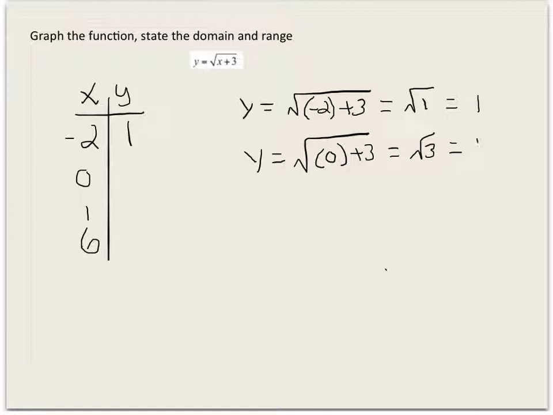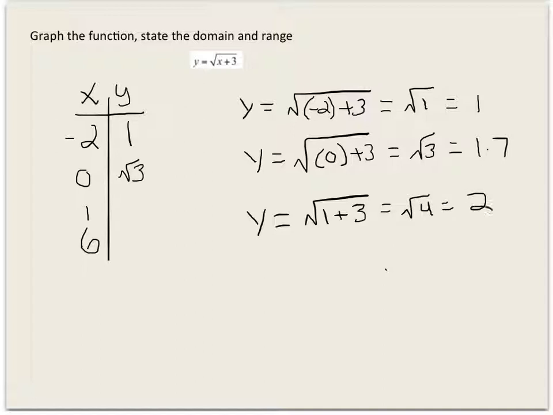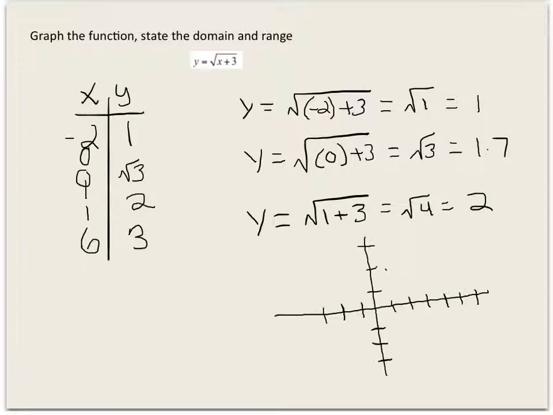It's approximately 1.7, so we'll go with that. If you plug in 1, we get 1 plus 3, square root of 4, which is 2. And if we plug in 6, we get 3. Just going to go through that quickly.